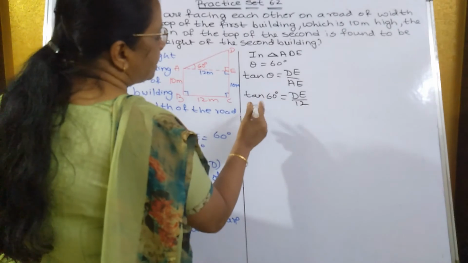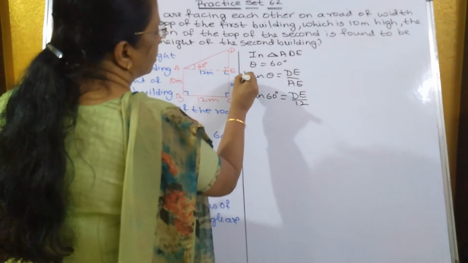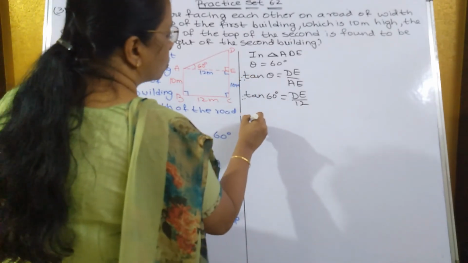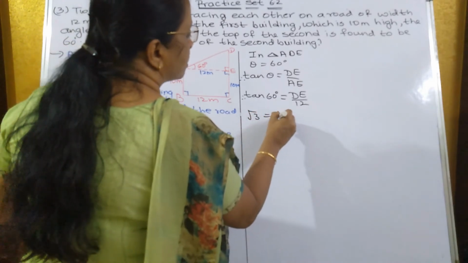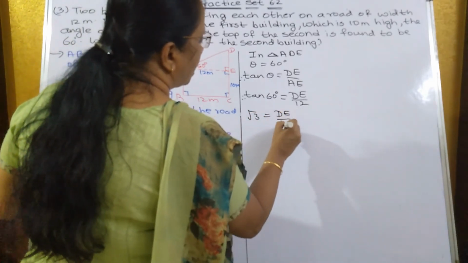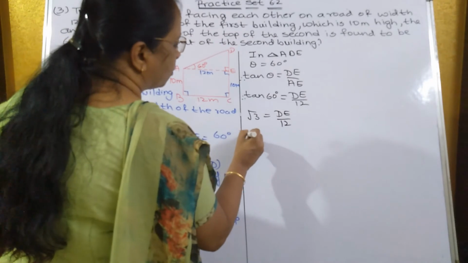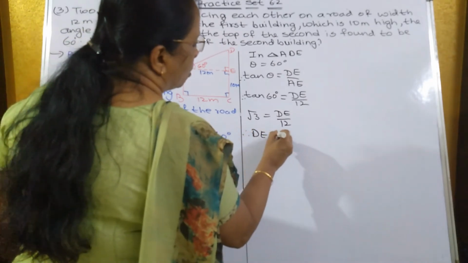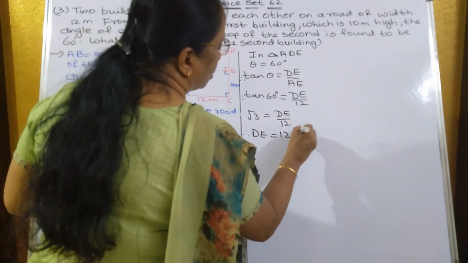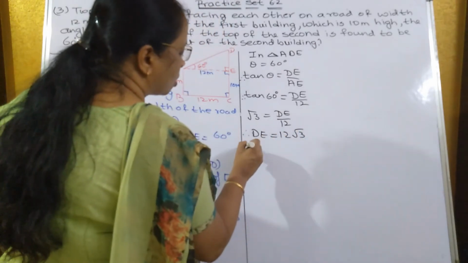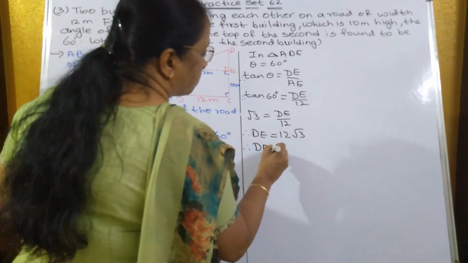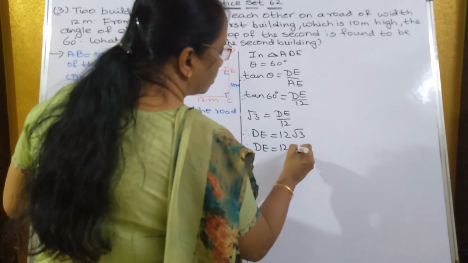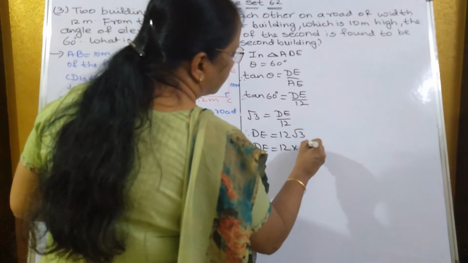Now tan 60 degree is equal to how much? Tan 60 degree is equal to root 3. So root 3 is equal to DE upon 12. Bring this 12 on this side. Therefore DE is equal to 12 root 3. Now we know the value of root 3, that is 1.73.